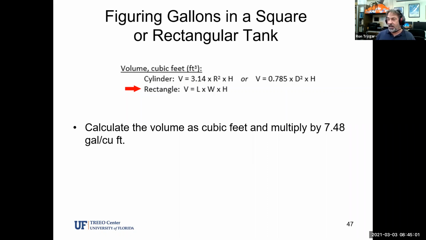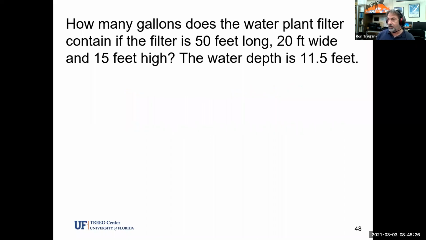In case you're wondering, it is actually just one long string of multiplication. You could even go like this, 7.48, which is gal per cubic foot, and you would then just multiply all those numbers together and you would get cubic feet. So it's just multiplying that extra number on there.